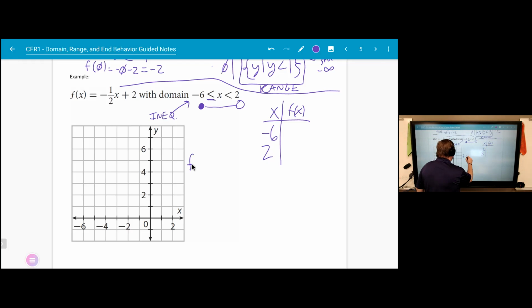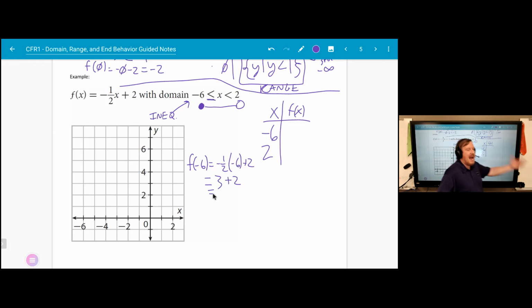The value of the function when x is negative 6 is negative half times negative 6 plus 2. Well, a negative times a negative is a positive, and 6 divided by 2 is 3, plus 2, which is 5. So when x is negative 6, the f of negative 6, or the value of the function, is 5.